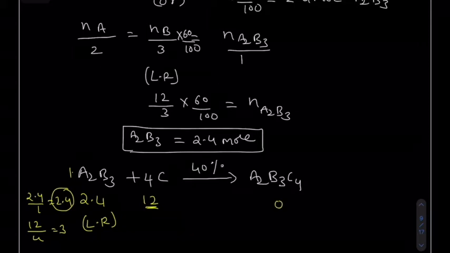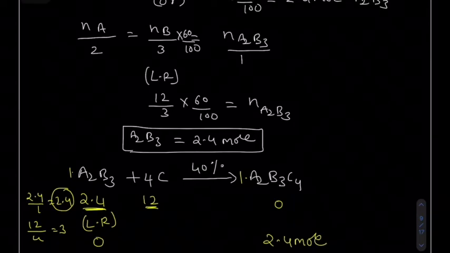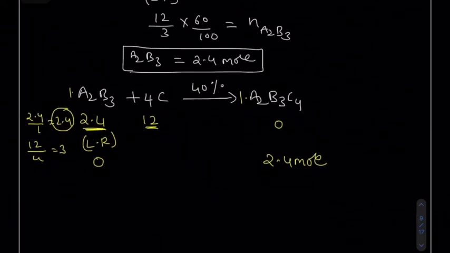Are you getting my point? Now A2B3 will be completely consumed. 1 mole of A2B3 will give 1 mole of A2B3C4, so 2.4 moles will give 2.4 moles of A2B3C4. But this is expected only when the percentage yield is 100%. But the percentage yield is how much? 40%.